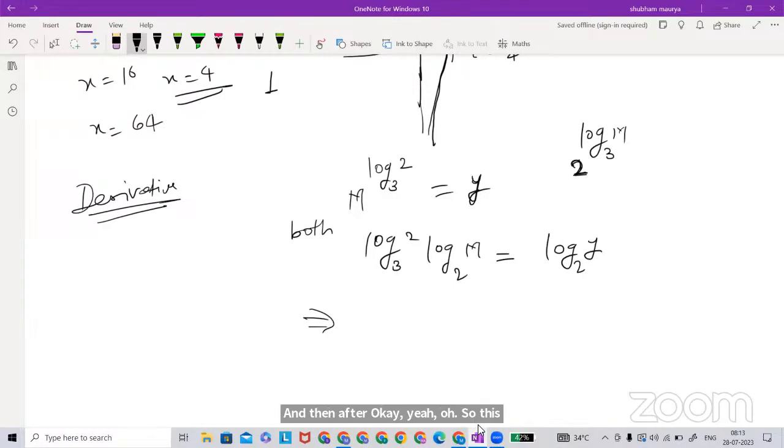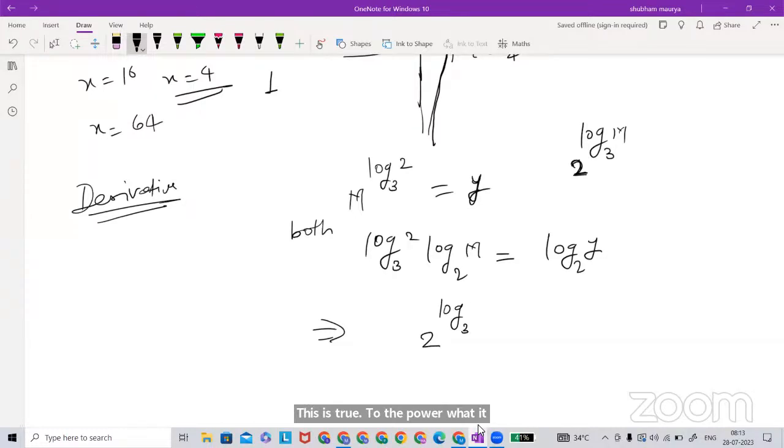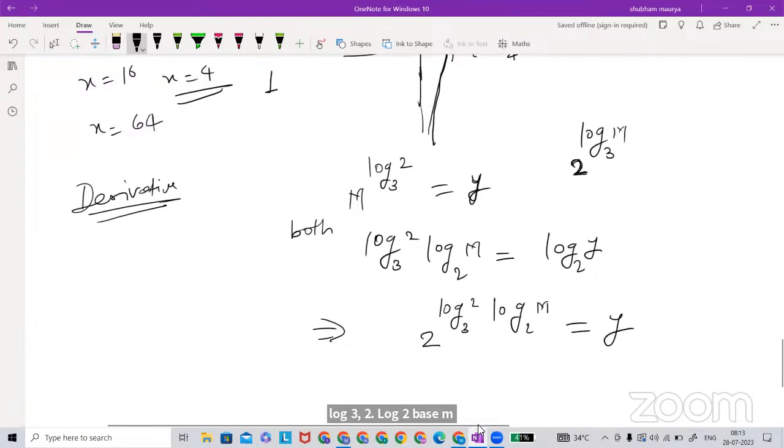Now if you change into exponential, how would it be? This is 2 to the power log 3 2 log 2 base m, which is y here. Okay, so I think we need to take the base 3. So if you take with base 3, this is m here.